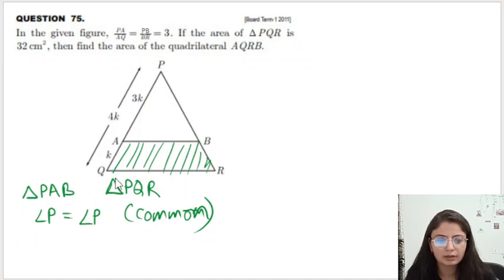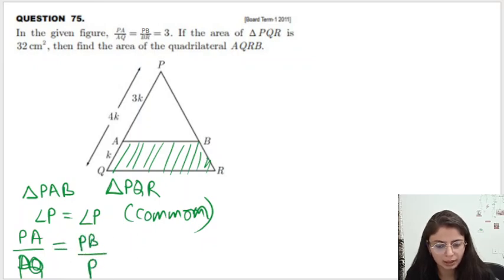Also, it's given that PA by AQ is 3. Okay, so this PA plus AQ is 4K. So we can say that PA by PQ equals to PB by PR.